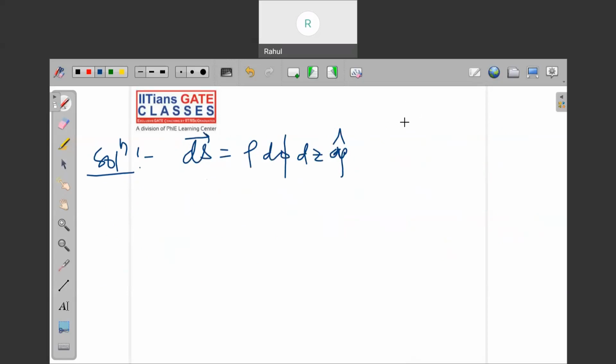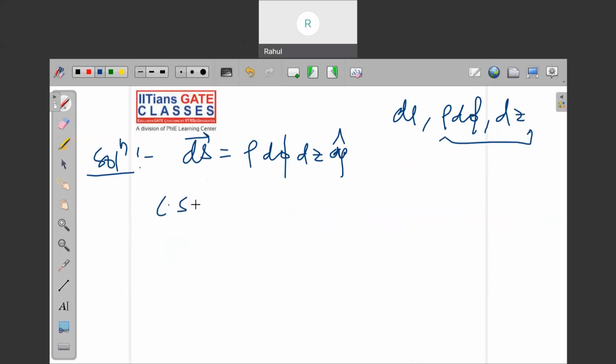Because rho is constant, you have got three lengths: one length is d rho, second is rho d phi, and third is dz. If rho is constant, this d rho is going to be 0. So you have to take the product of this, and this is going to be helpful for computing curved surface area.